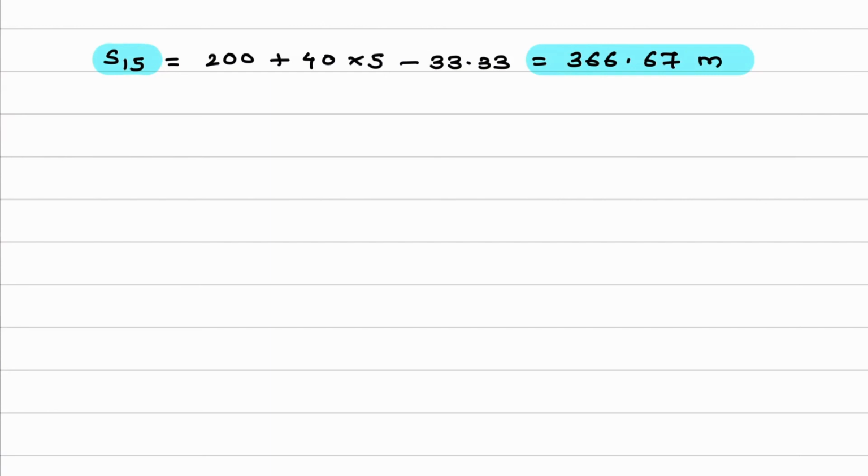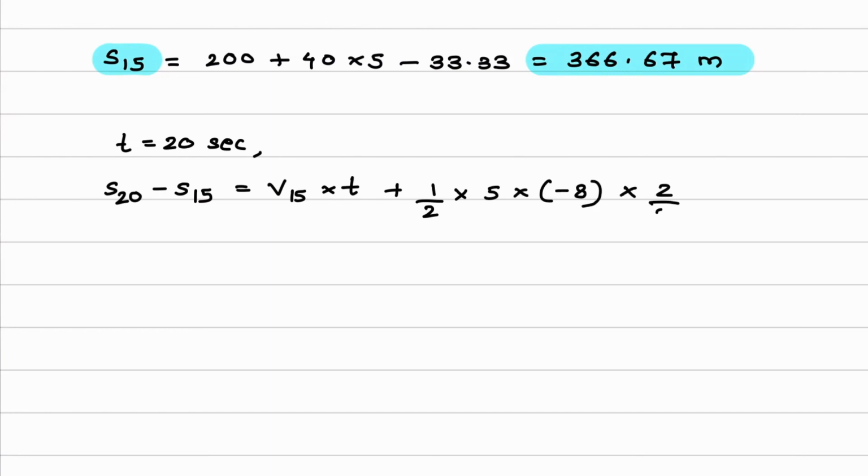Now when t equals 20 seconds, S20 is equal to S15, which is 366.67.